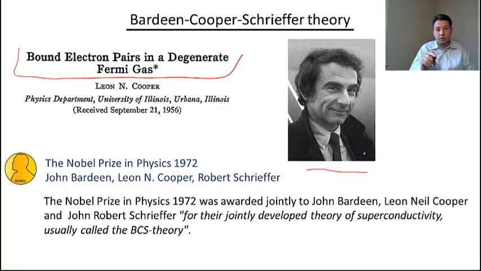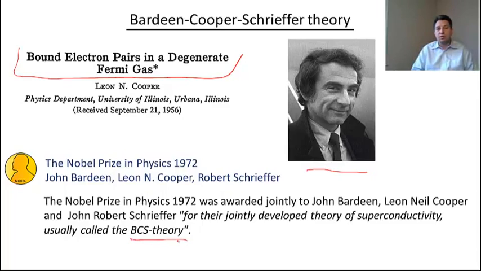This work of Cooper eventually developed into a much more sophisticated theory, the Bardeen-Cooper-Schrieffer theory of superconductivity, or so-called BCS theory. This BCS theory has been the cornerstone of the theory of superconductivity for many, many years.